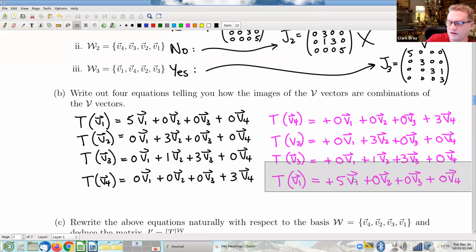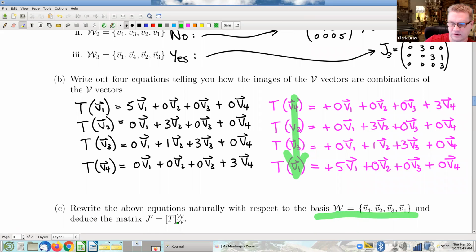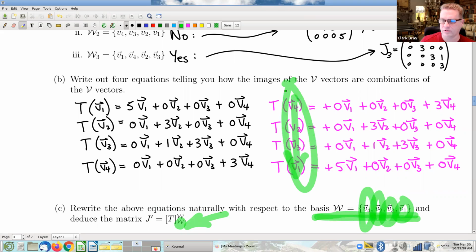So notice all I've done is reorder the equations so that these are now in the order consistent with that basis as required here, right? The fact that I've got script W basis there means my input vectors are the script W vectors, namely in the order 4, 2, 3, 1, and that's the order I write the equations.